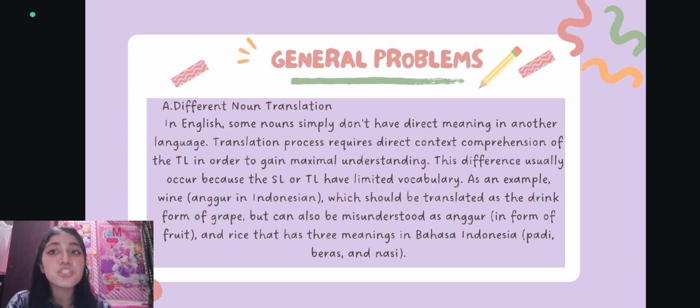These differences usually occur because the SL or TL have limited vocabulary. As an example, wine, anggur in Indonesian, which should be translated as the drink made from grapes, but can also be misunderstood as anggur in the form of fruit. And rice, that has three meanings in Bahasa Indonesia: padi, beras, and nasi.